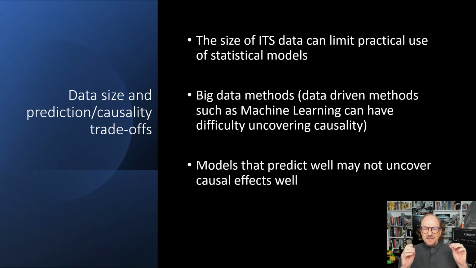So that leads us to big data methods, such as machine learning. However, these methods are notorious because they do not necessarily uncover causality like statistical and econometric methods can. So this is something that is a concern. There's a trade-off. Big data with machine learning is great for prediction, but causality is an issue. So models that predict well may not uncover causal effects very well.